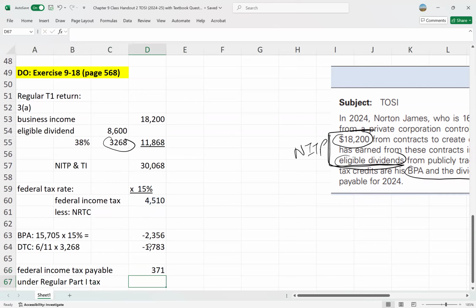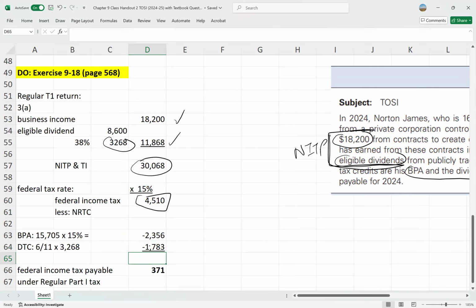Is going to be $371. So I went through it rather quickly, but once again, fairly straightforward. Business income, the dividend is grossed up. This is his total income. We're just looking at the federal tax. So on 30,068, we would have a 15% federal tax rate.